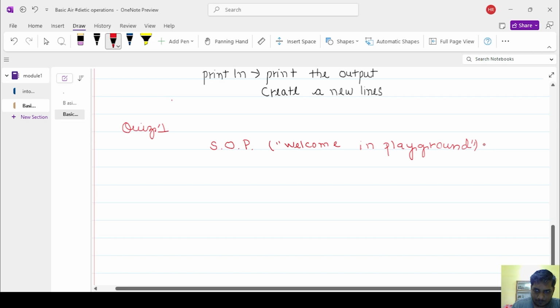But the semicolon is not present. So the answer will be C. That is error. And why is it an error? Because the semicolon is not present.